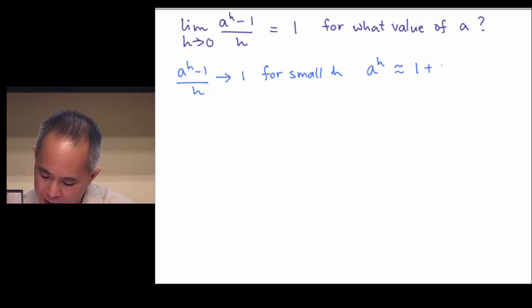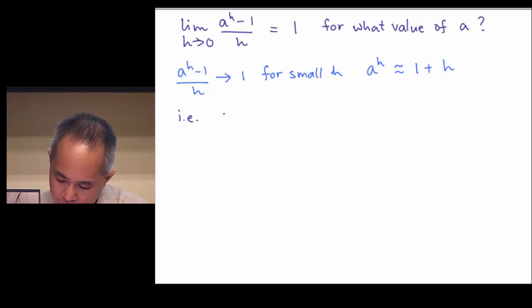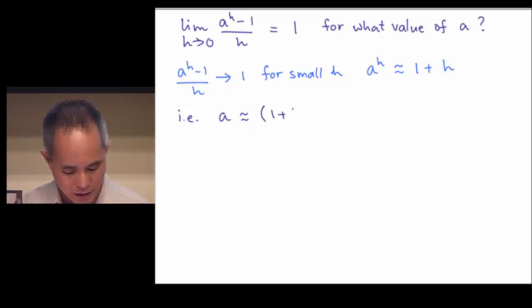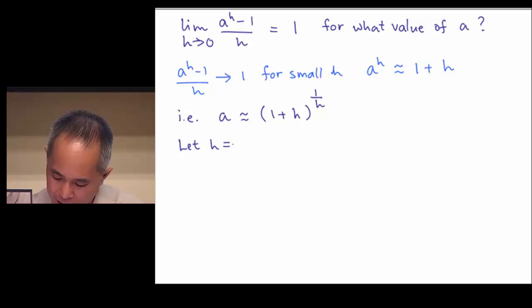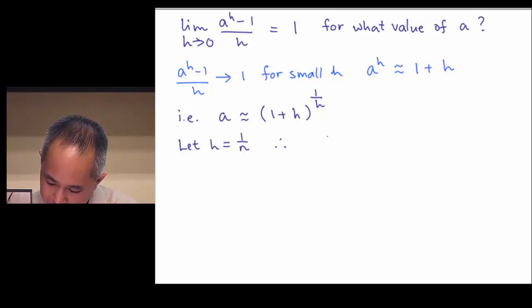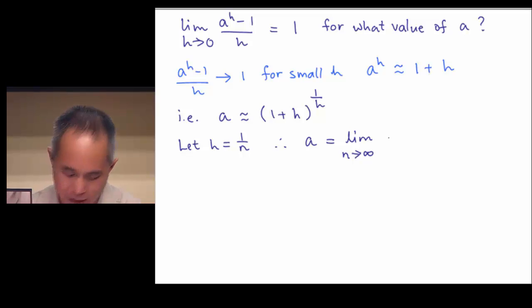And that means I can write a as approximately 1 plus h to the 1 over h. We can write it in another way: instead of h, we can let h be 1 over n. Then I will have an expression of the form 1 plus 1 over n, to the n. And if I take the limit as n tends to infinity, this actually gives me the number e.